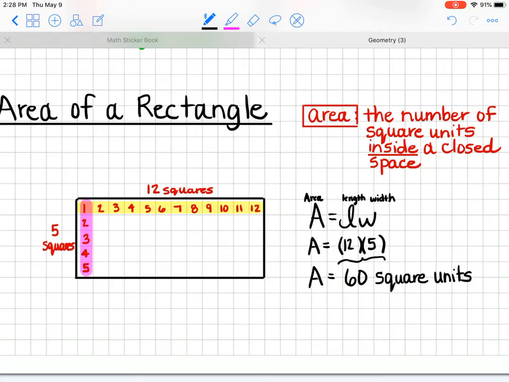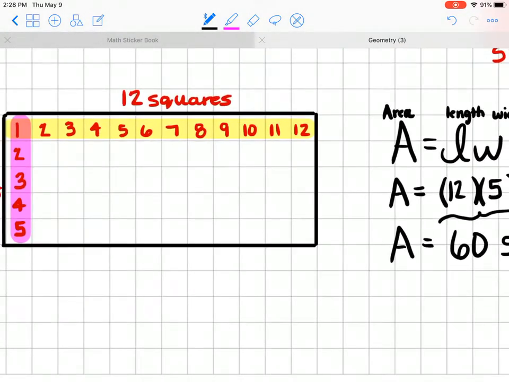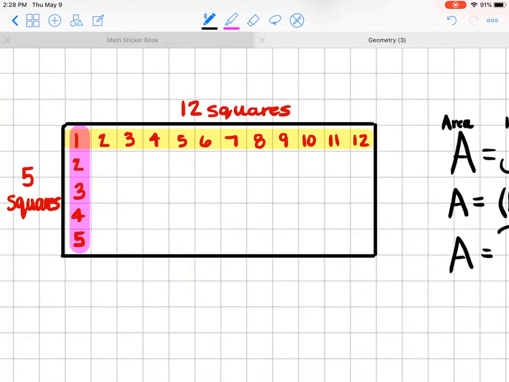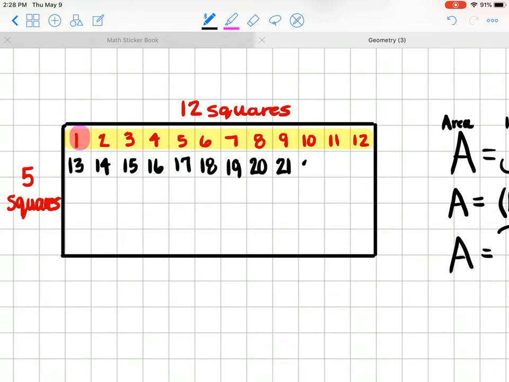And just to prove that to you, you're going to think I'm crazy, and I'm only going to do this once. But let's see if this proves to be true. We've already got 12. So 13, 14, 15, 16, 17, 18, 19, 20, 21, 22, 23, 24.